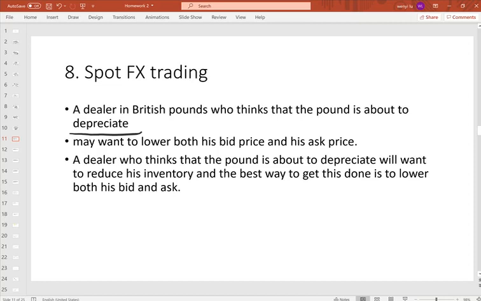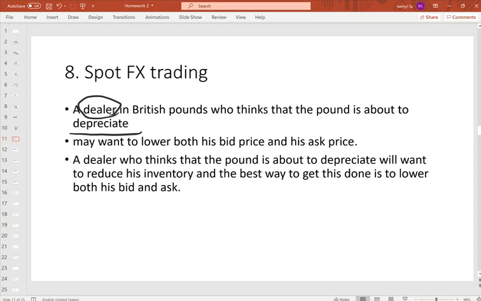How can he try to reduce his loss if he holds some pounds? A dealer, as we mentioned, is the person holding the inventory of the currency. So basically, the dealer is holding the pound in his hand.